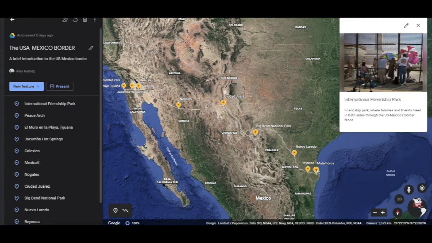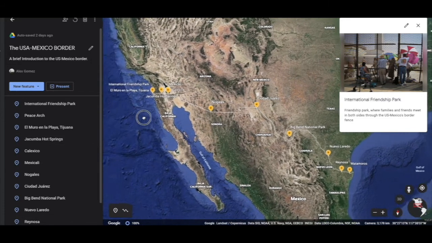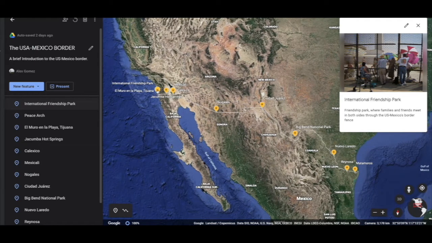So we have a 2,000-mile border that stretches all the way to Playas de Tijuana, in Tijuana and San Diego, our region right here, and that's our main sister city that we do business with, that we cannot be separated from, because then it would hurt both at the same time.